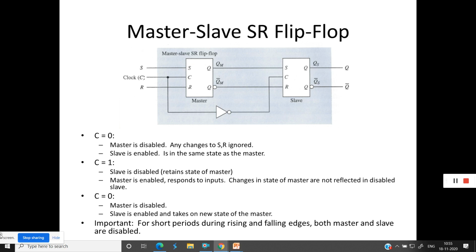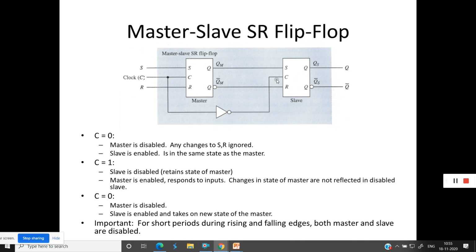Here you can see, students, whenever C is 0, the master SR latch is disabled. If C is 0, any changes on S and R are ignored. Now if C is 0, this 0 will go here and this becomes 1, isn't it?